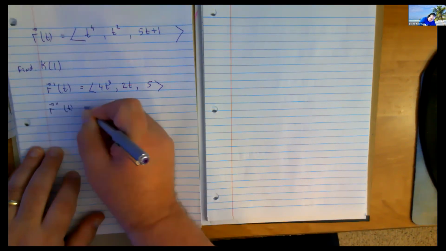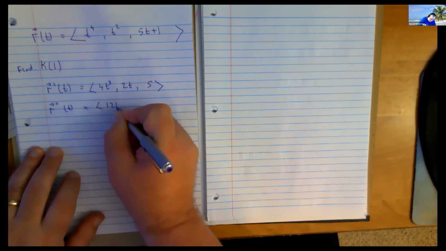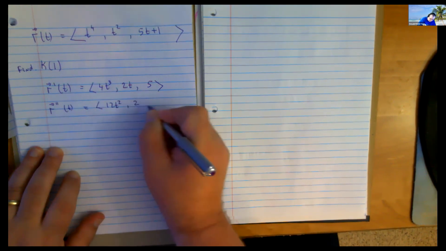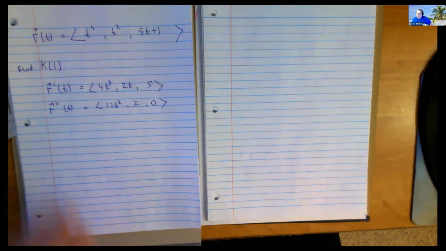Isn't too painful. And then I will find the second derivative, which in this case is 12t squared, 2 and 0. So far, so good. But since I am only interested in the curvature at 1, can't I now evaluate these at 1 and have numbers to work with, which tends to make life so much easier.